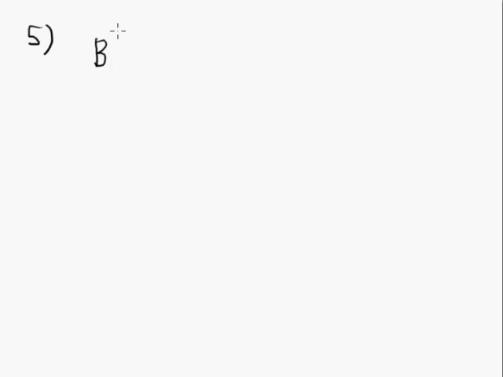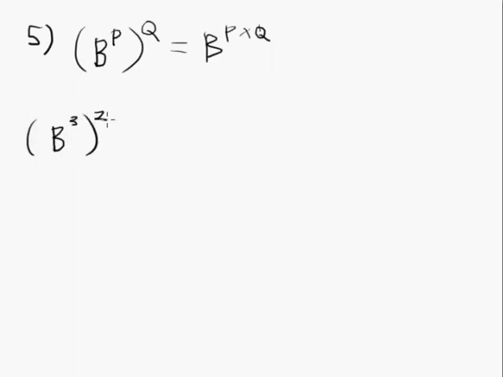Rule number 5, b to the power of p all to the power of q is b to the power of p times q. Well, it might be worth doing just an example here. b to the power of 3 to the power 2 is b to the 3 times b to the 3.